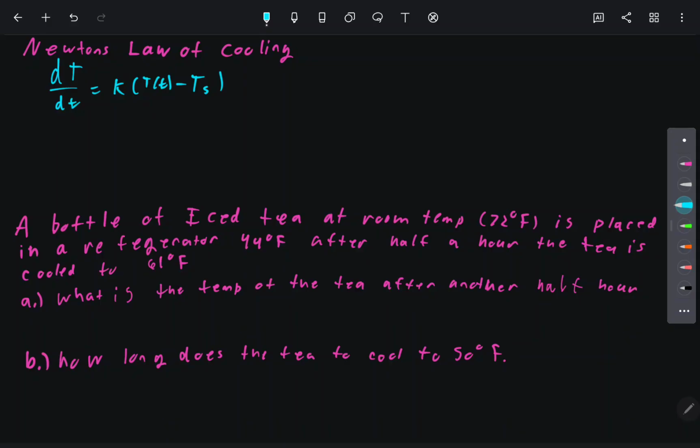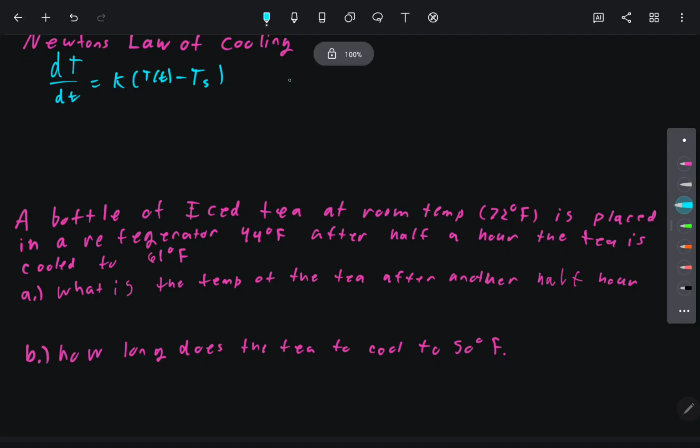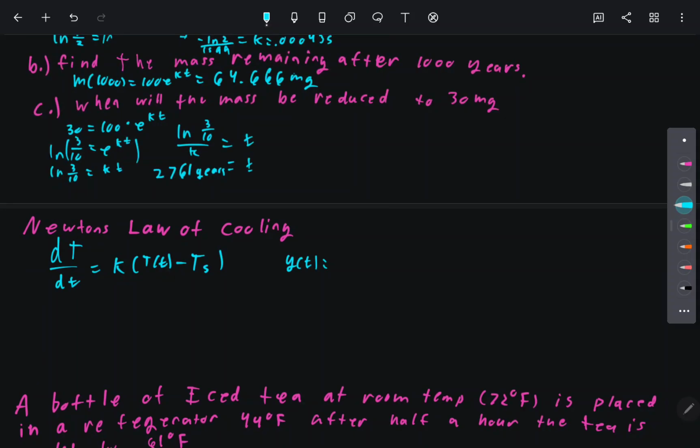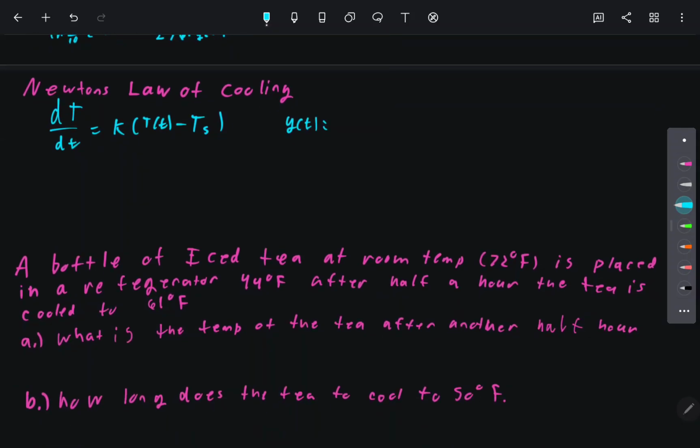So, we can say y of t is equal to T of t minus T of s.